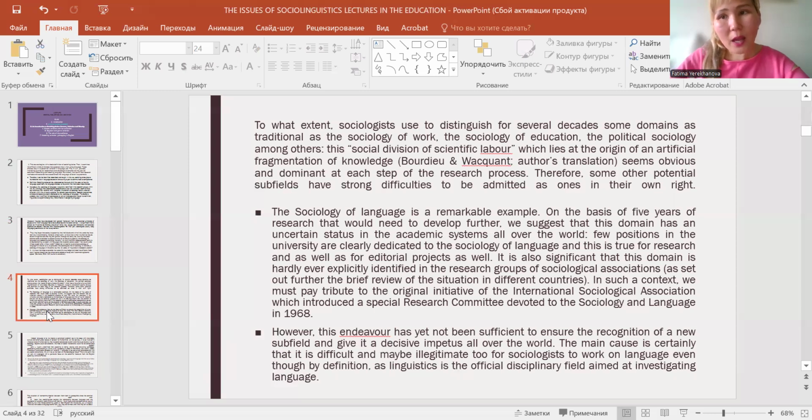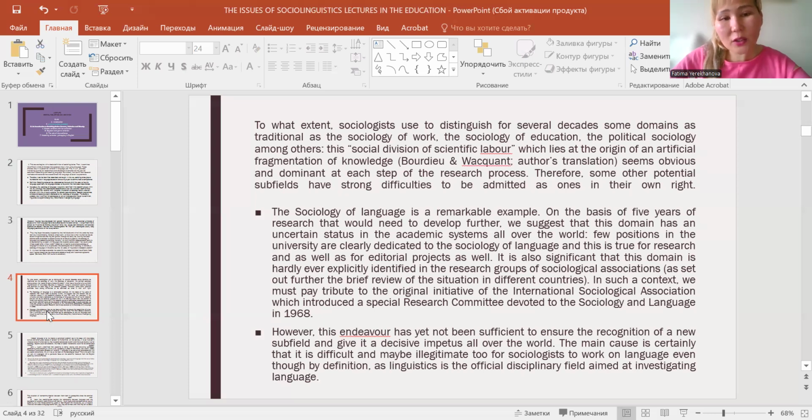Work and education we have here, and then also some other terms. Then some other potential subfields have strong difficulties to be admitted as such in their own right. Then we can consider that the sociology of language is a remarkable example.